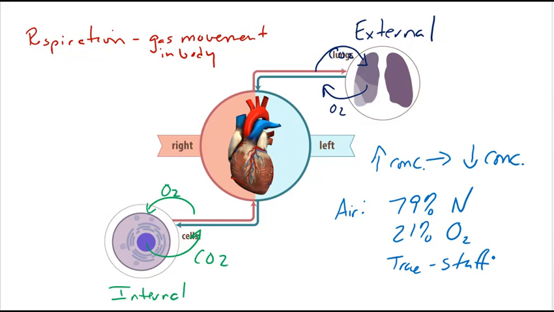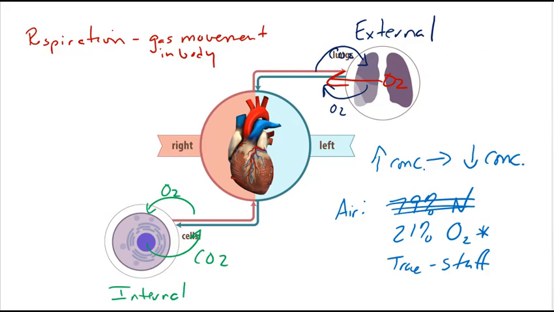It really has no bearing on us except in some very rare situations that I won't get into today. But the 21% oxygen means that there's more oxygen that enters the alveoli than is in the bloodstream, so oxygen moves to the blood. The CO2 concentrations are just the opposite, so it will move out of the blood into the lungs. The funky smells and contaminants, well, they're just an annoyance.